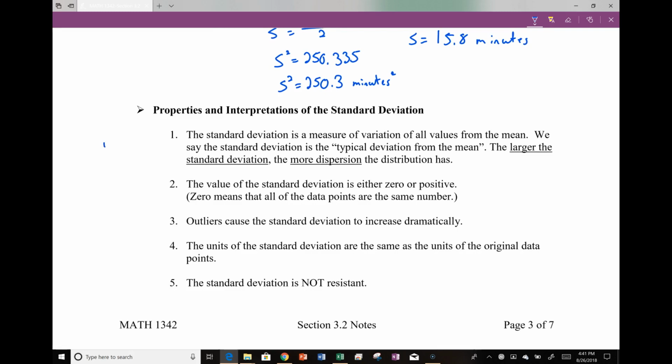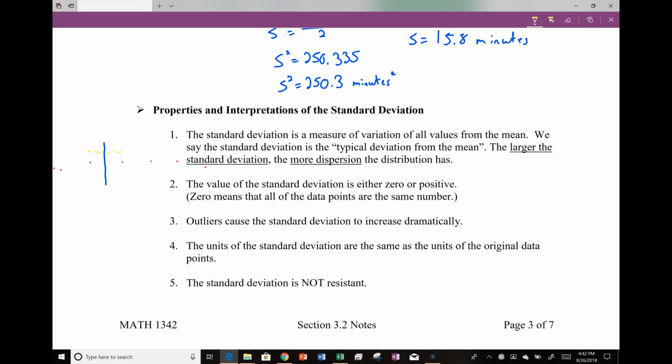So think of this line as being your mean. If I have a large standard deviation, I'm going to have values out on both sides. But if I have a small standard deviation, they're all going to be very close to that center. Therefore, the red dots are more dispersion, the yellow dots are less dispersion.